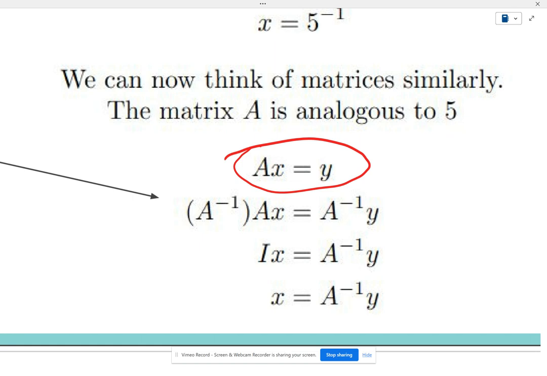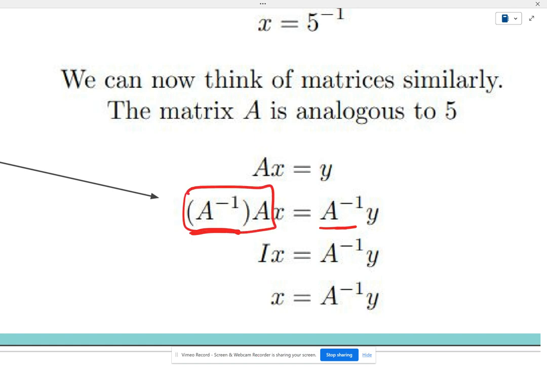This means that by multiplying the inverse on both sides, this right here becomes identity, because A times A inverse is just identity. But x times identity is just x itself. Therefore, the solution of the linear system that we have been solving is just A inverse times y.